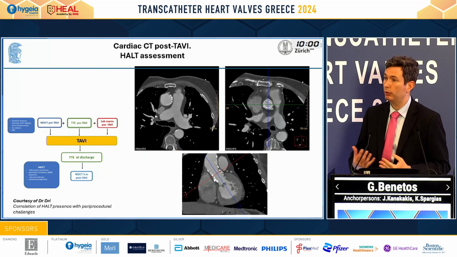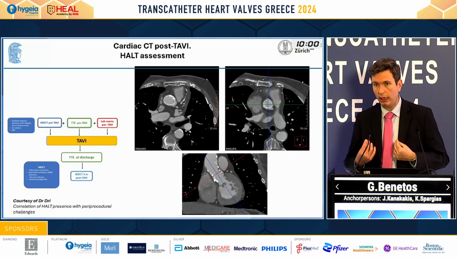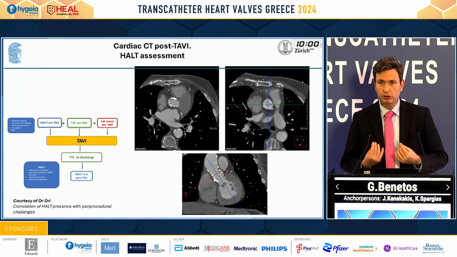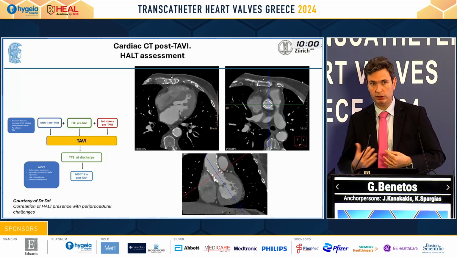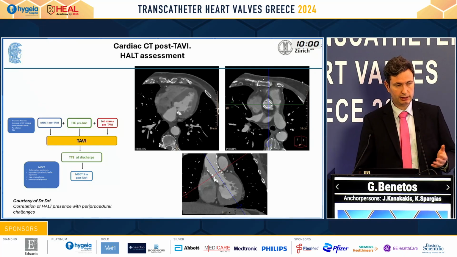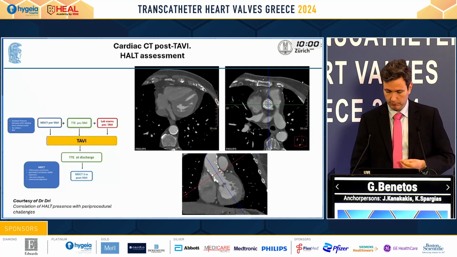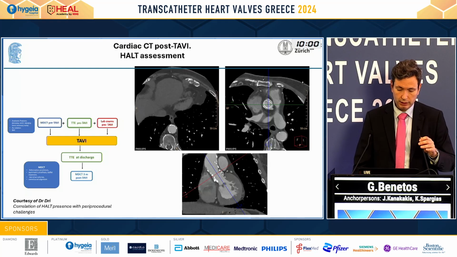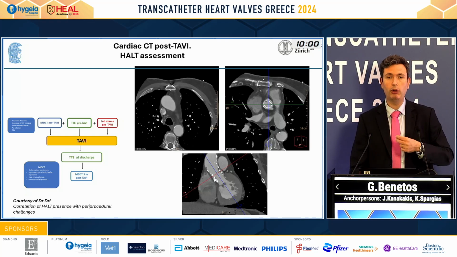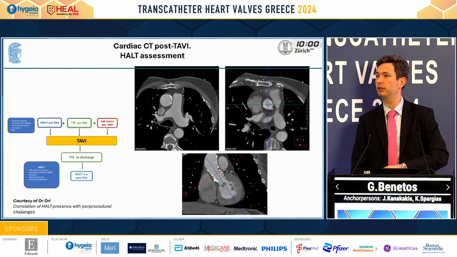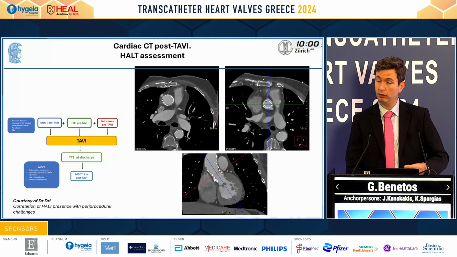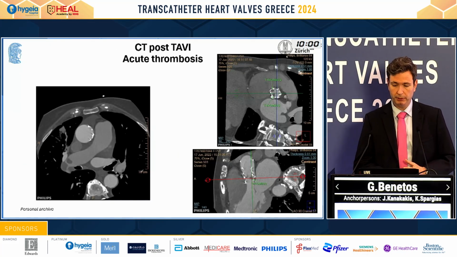In order to see how often it is, we have to do studies. So we have to make it routine to do CTs after TAVI, which is still not routine. There are some studies which we try to perform in the First Department of Cardiology in Athens in order to see how often HALT is 3 months after TAVI and if there is a correlation with peri-procedural complications.